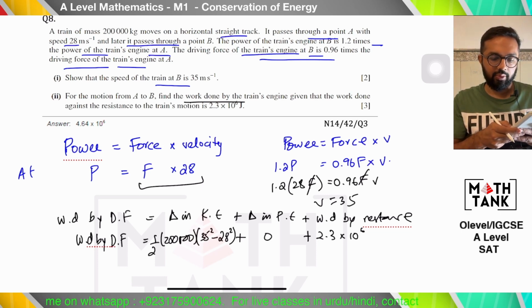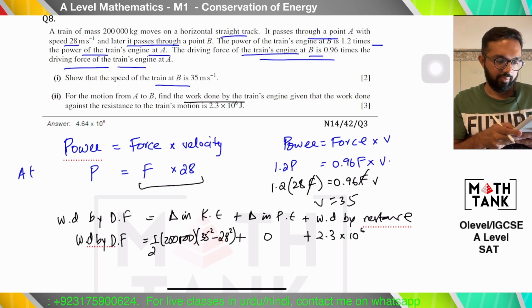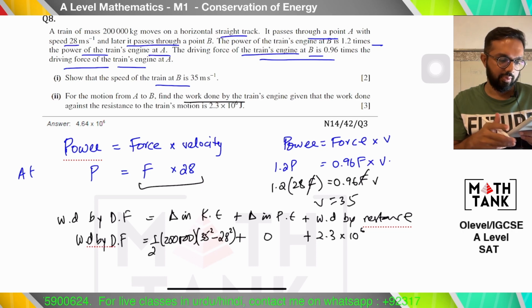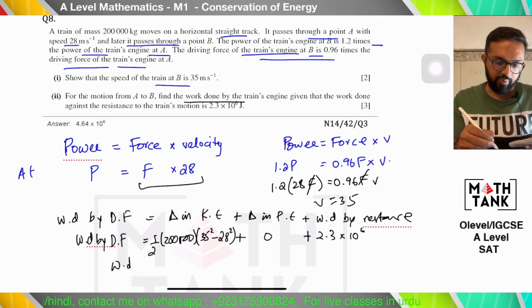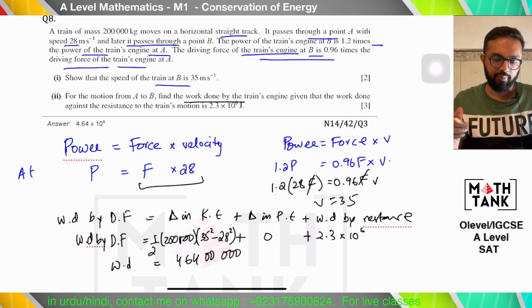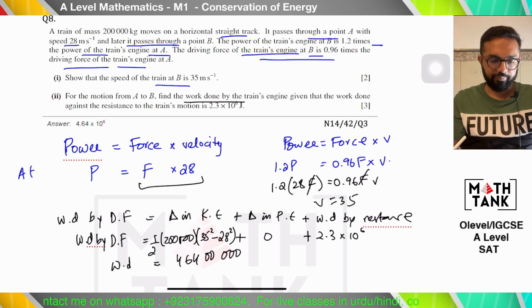So 200,000 into 35 squared minus 28 squared, plus 2.3 into 10 to the power 6. The work done by driving force is 4.64464 and so on. Okay.